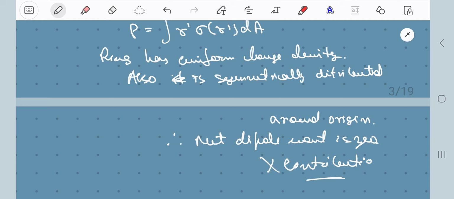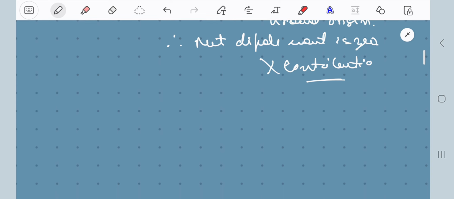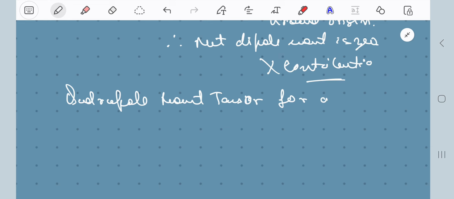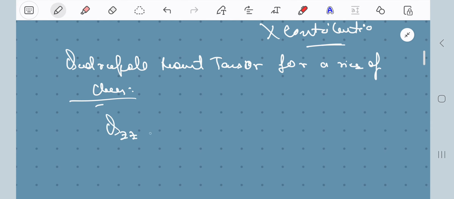Okay. Fine. Now, the quadrupole moment tensor for a ring of charge, it is denoted as Qzz, is equal to lambda times 2 pi r square over 2, right, which is equal to pi lambda r cube, right?